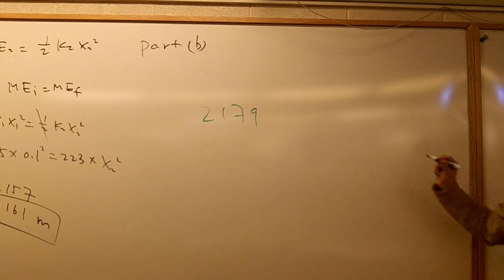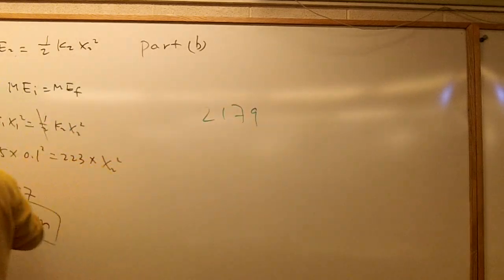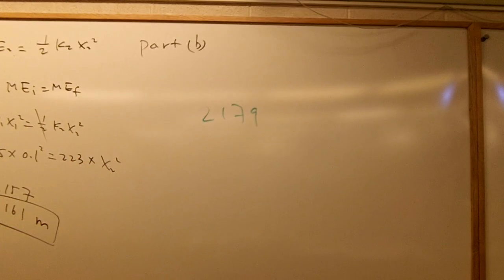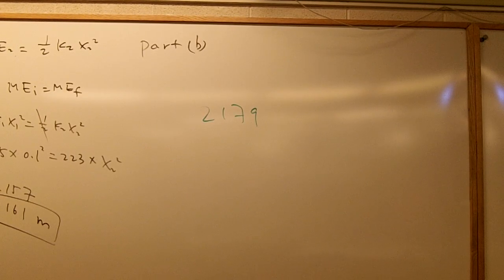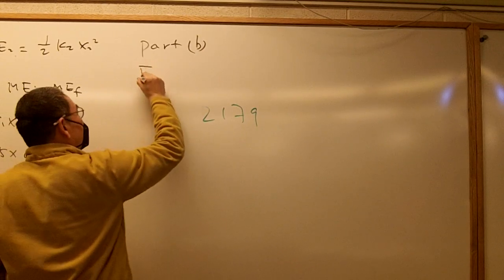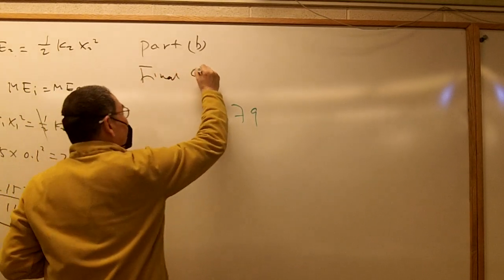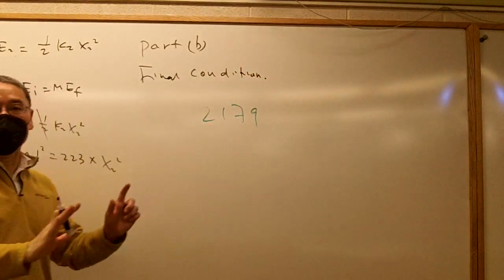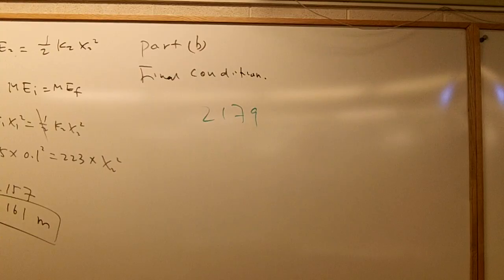So this time, folks, the initial condition does not change because that's still the initial condition. But the final condition is different. Because the spring is not compressed, the final condition here is the block still moving, but the spring is not compressed.